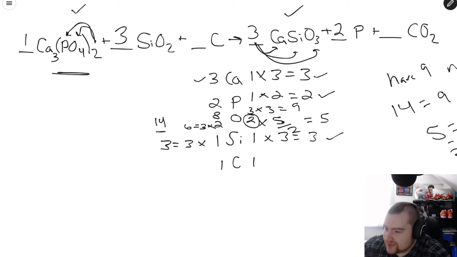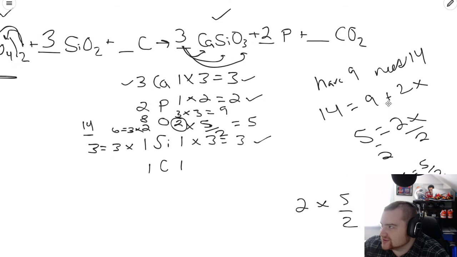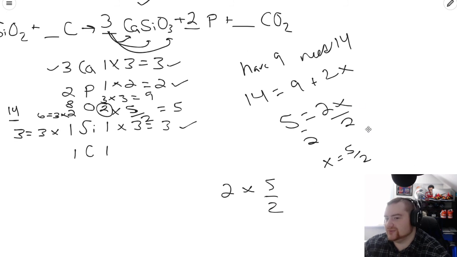Okay. When we do 2 times 5 halves, what does that do? Well, it takes away the 2. Now I just realized that this is off the screen. So this is what I was talking about when we were looking at this equation. We had 14 equals 9 plus 2x. You could have subtracted 9 from the 14 to get you 5 equals 2x. Divide by 2.